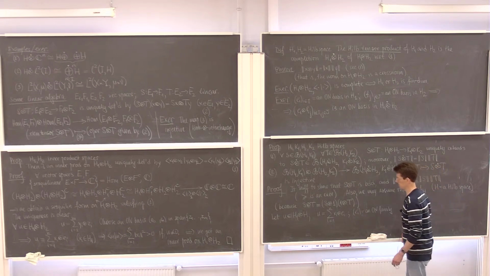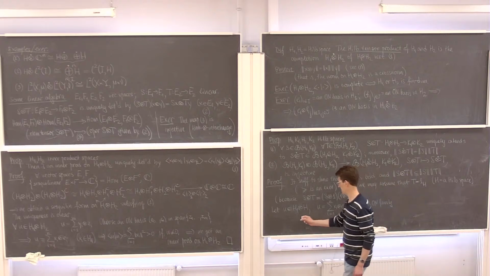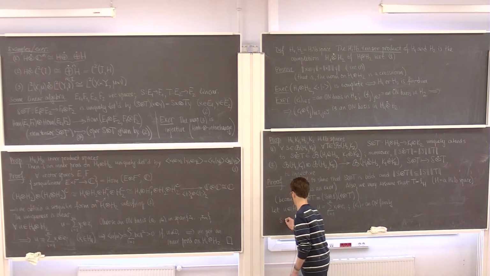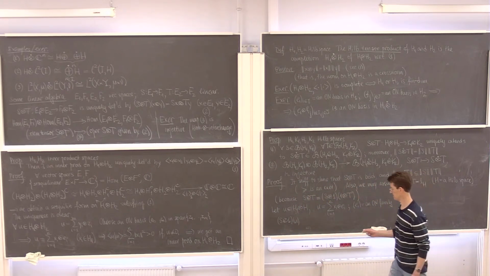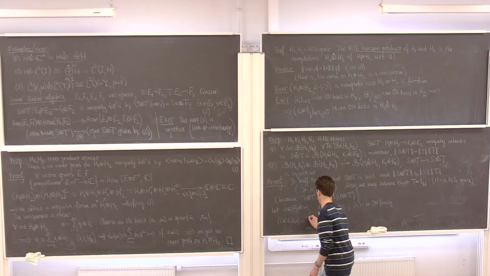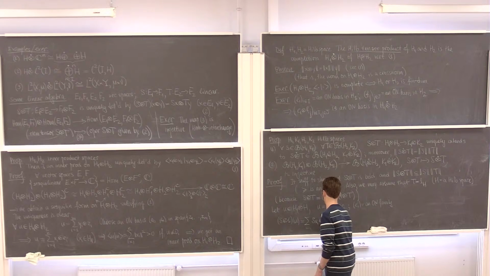Then what can we say about this element, S tensor 1 applied to u? S tensor 1 applied to u is just the sum of Sx_i tensor e_i from 1 to n.